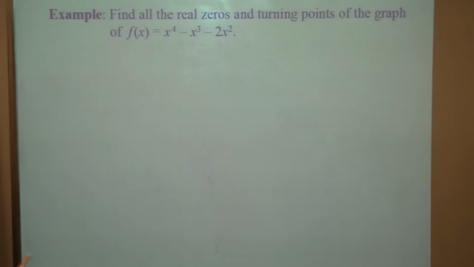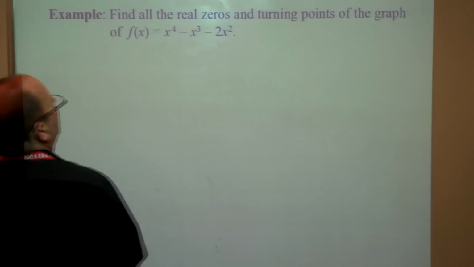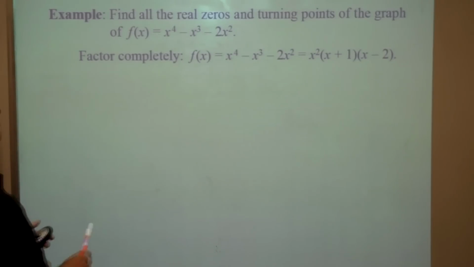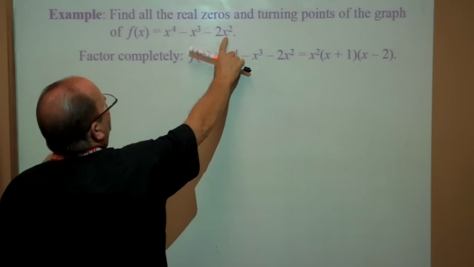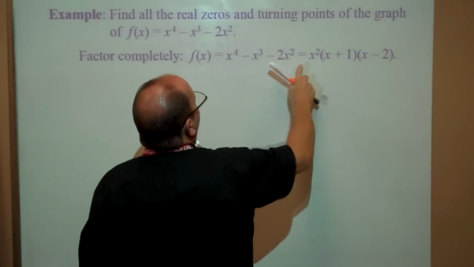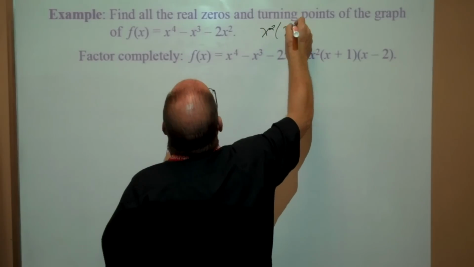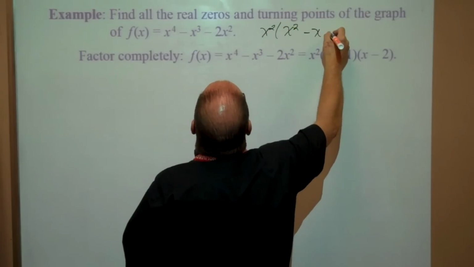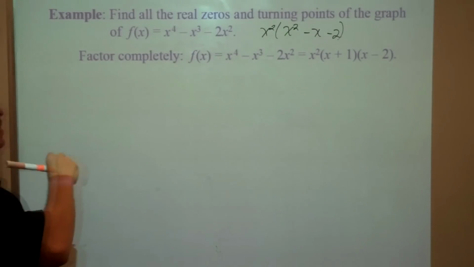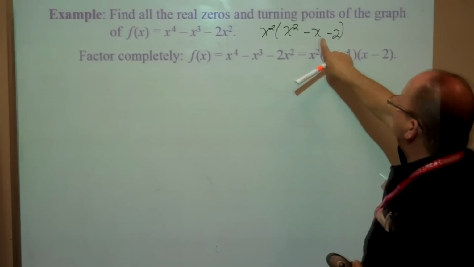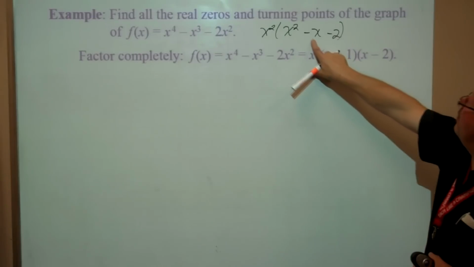Find all the real zeros. X to the fourth, x to the third, x squared. Well, you have to factor it completely. You can see right here we have a common factor of x squared. You take that out, and you're going to get x squared times x squared minus x minus 2. We need two numbers that multiply to give you negative 2 and add to give you negative 1.